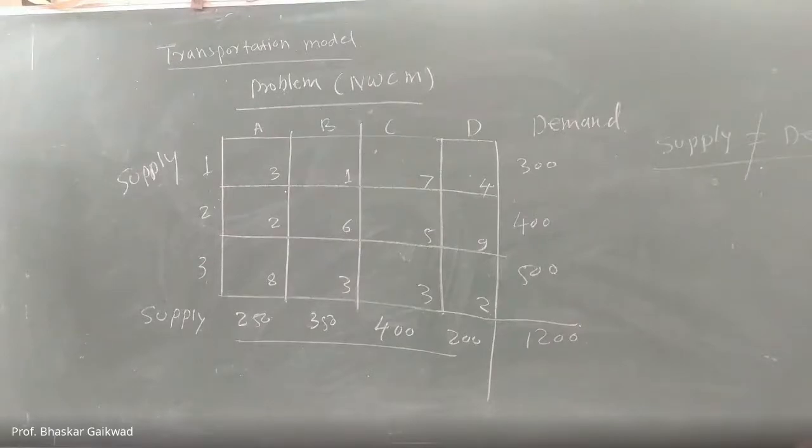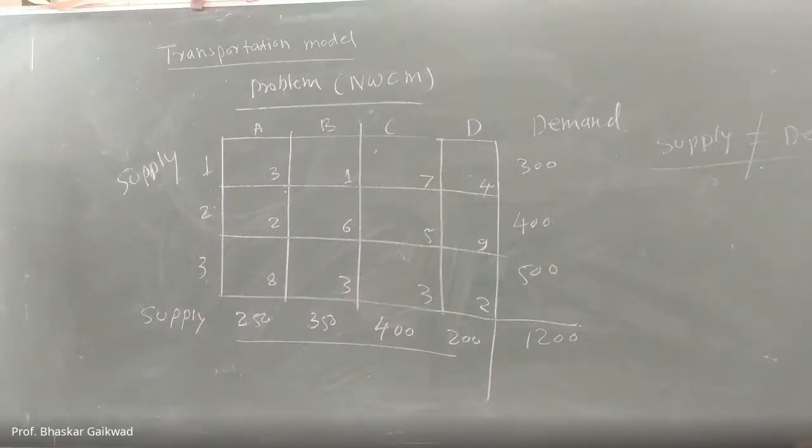And after this, 500. This is the balanced problem. Here, 350 plus 250 is 600, and this totals 1000, 200.